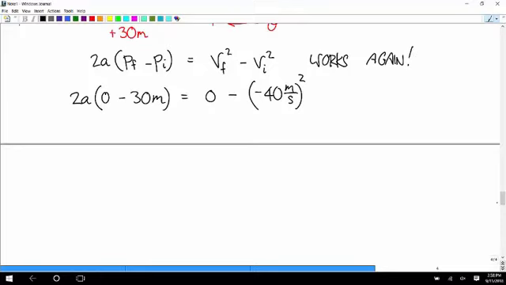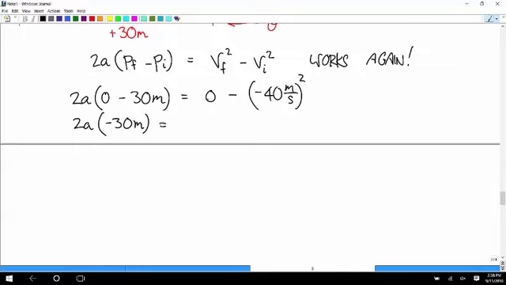Okay. That's important because what happens when you square a negative number? You get a positive, so that sign is going to disappear. So we have 2a times the quantity negative 30 meters is equal to, so this is positive 1600, and then you take the negative of that.